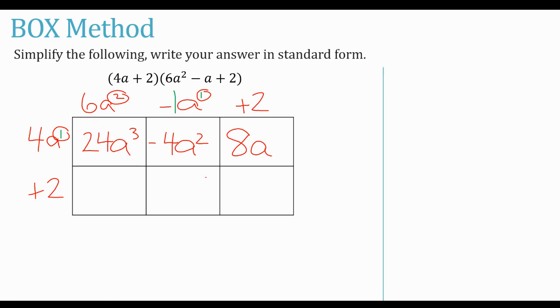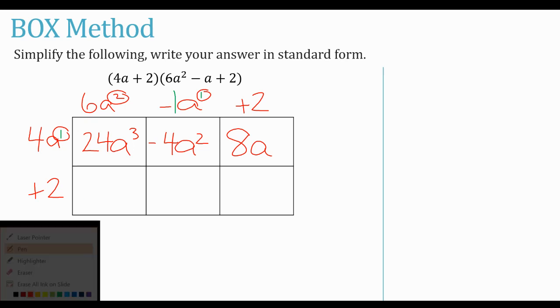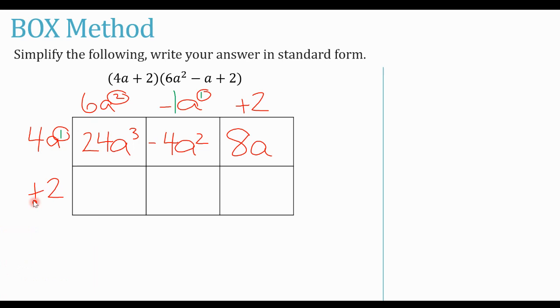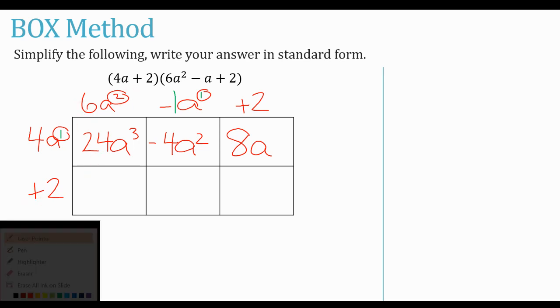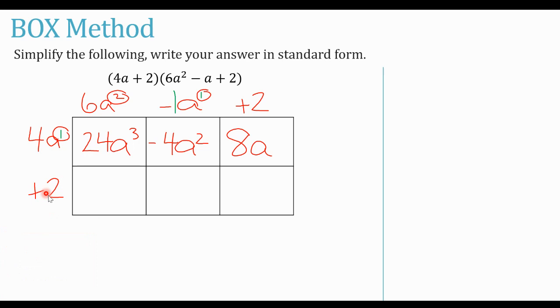Now let's move to the second row, the row with that positive 2. So now we're going to do positive 2 times 6a squared. Now this 2 doesn't have a variable, so we don't need to worry about adding any exponents for this whole row. Because it doesn't have a variable, we can't add any exponents.